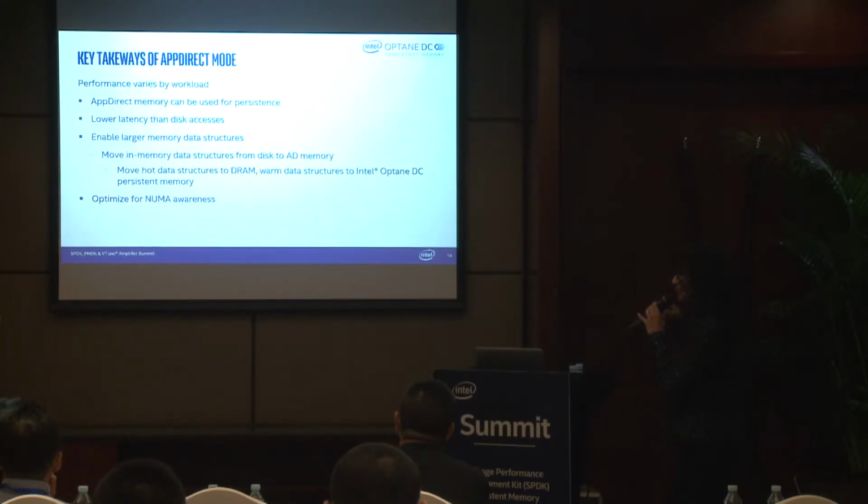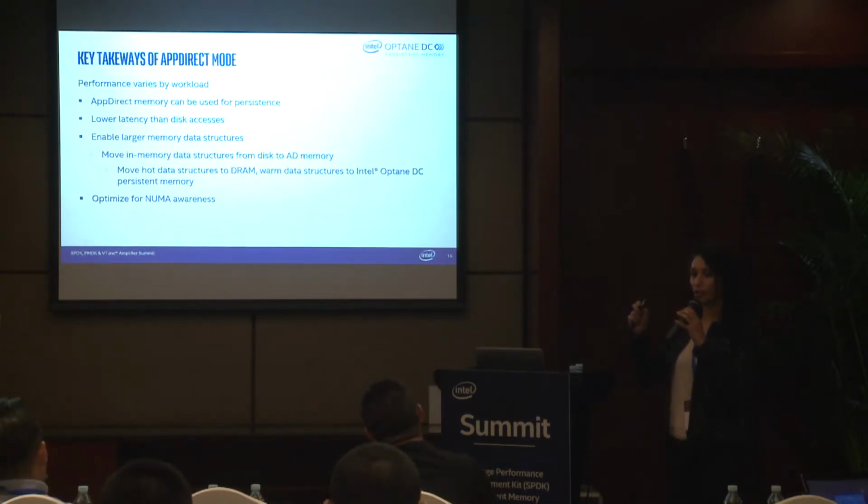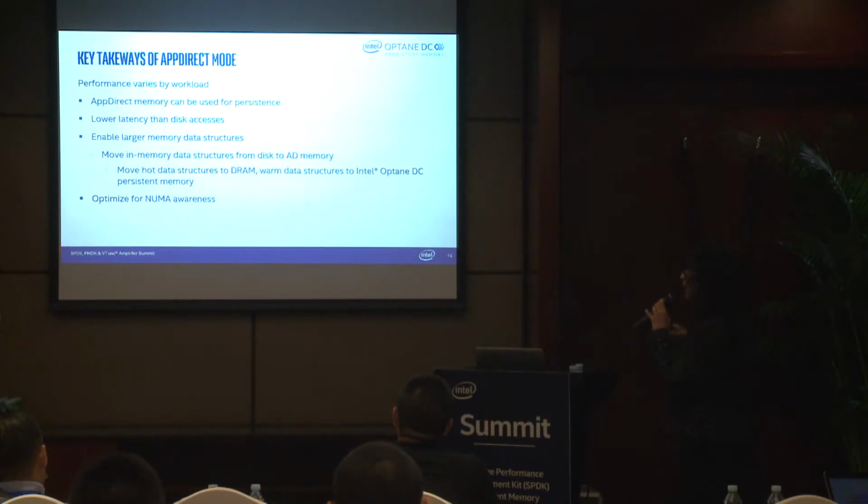And when we say hot, we mean frequently accessed data. Those data structures can be moved to DRAM because it has much lower access time, and your warm data structures to the Intel Optane DC persistent memory.